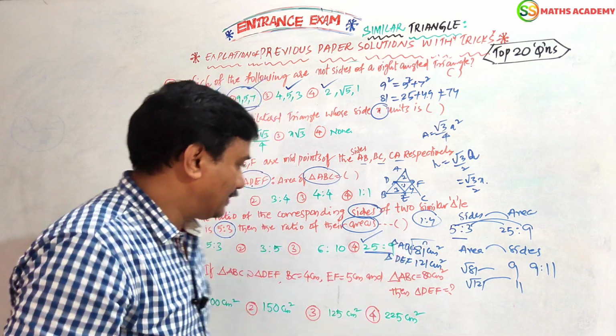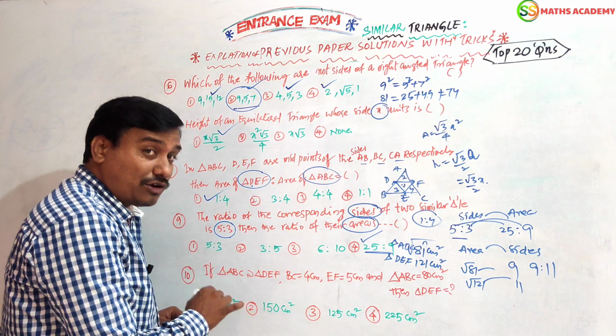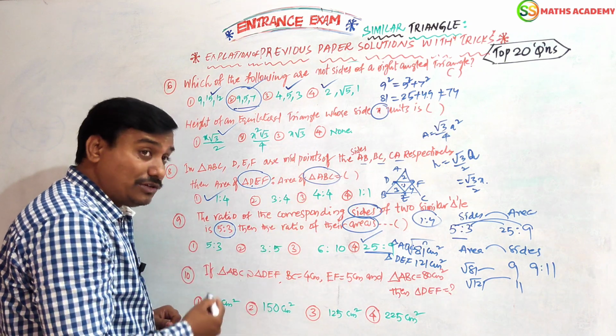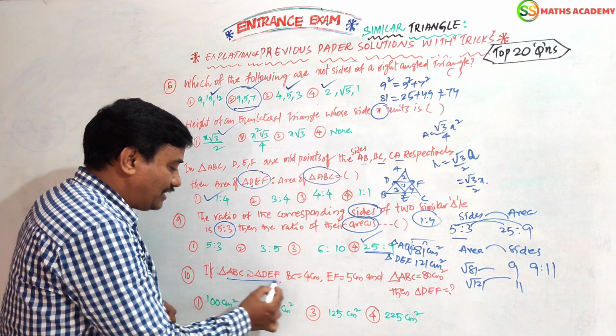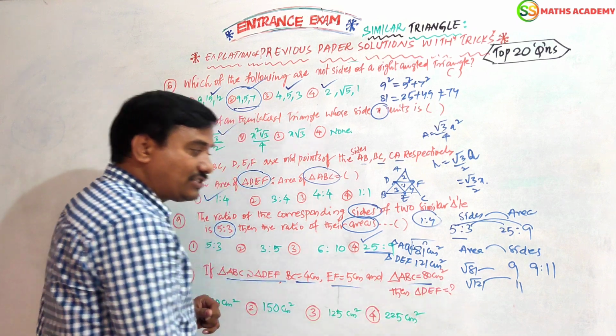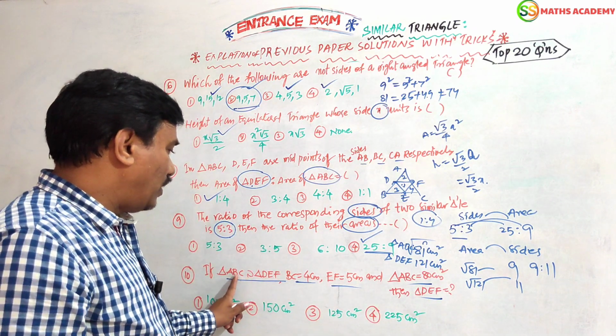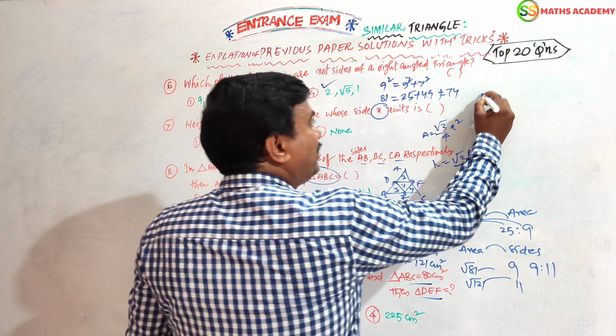Have you understood? Next. Here is one more important model question. Top 10, top 20 questions. In that, one more important 10th question. In ABC similar to DEF, BC and EF are given, and one triangle's area is given. Find the other triangle's area. Which are similar? ABC is similar to DEF, so we know the theorem.